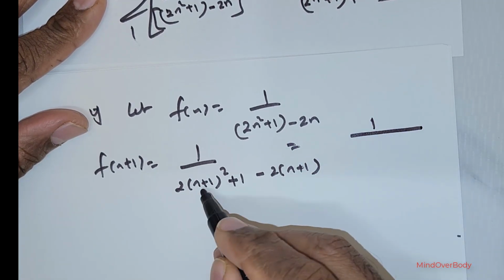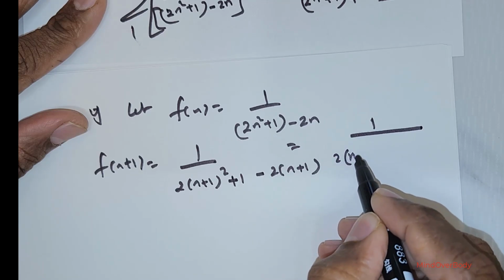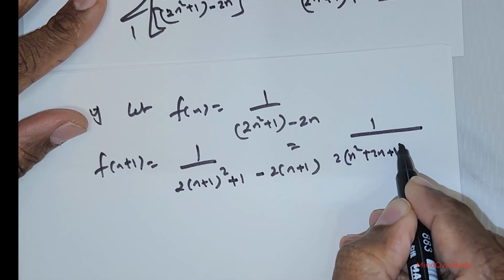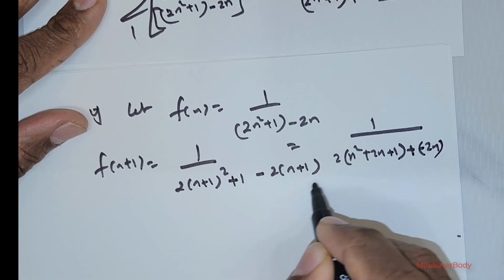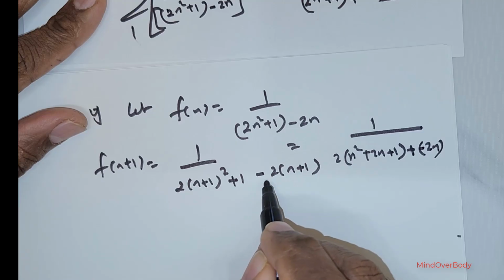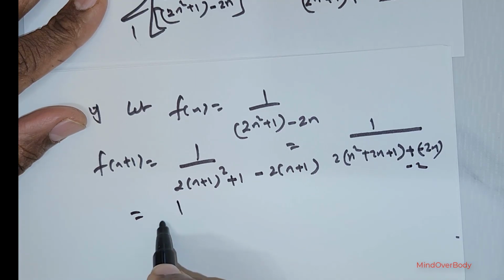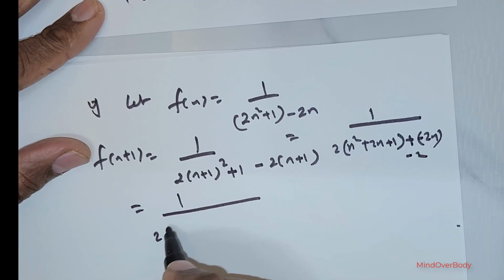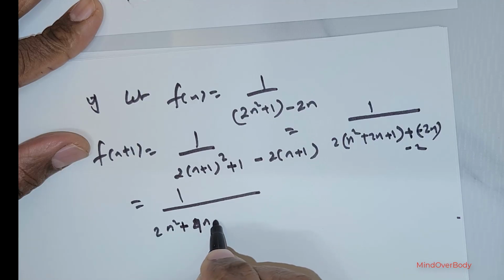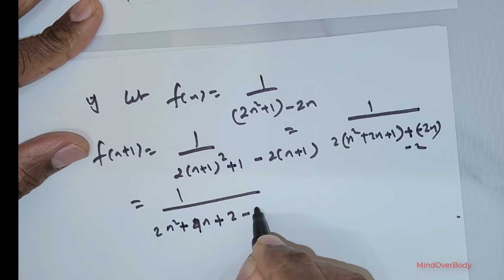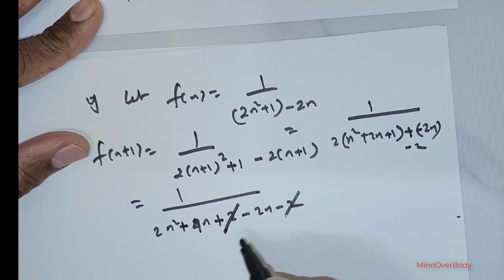So this is equal to 1 over, I expand this, it is going to be n squared positive 2n positive 1, positive 1 negative 2n, and then negative 2. So this is equal to 1 over, expand this, distribute 2, you get 2n squared positive 4n positive 2 negative 2n negative 2. Positive 2 negative 2 goes off.